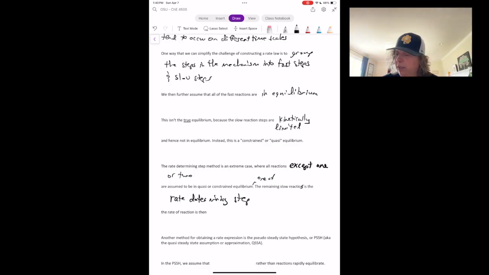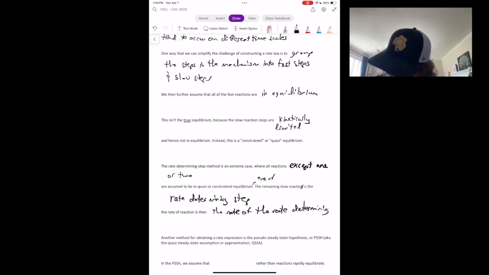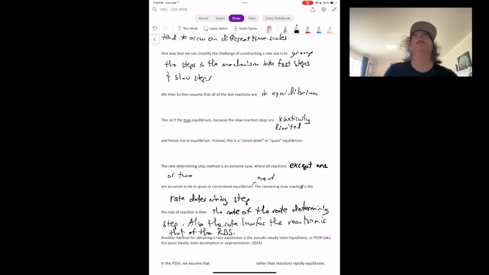And then what we're going to say is that the rate law for the reaction, and also the rate of reaction, is that of the rate determining step. There I'm abbreviating rate determining step with RDS.